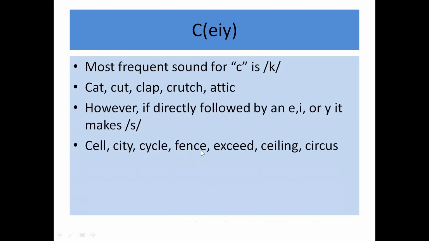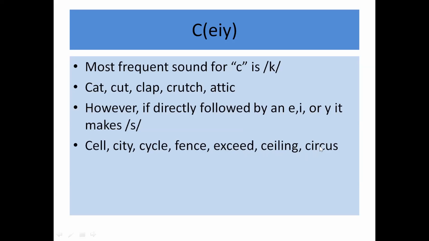It can happen at the ends of words. You see this? That E makes that C change into an S sound, fence. It's not just a single E, I, or Y, it might be one of these patterns here, okay? This again is changing into an S sound, exceed, because there's E's here. Same thing, there's E's here.